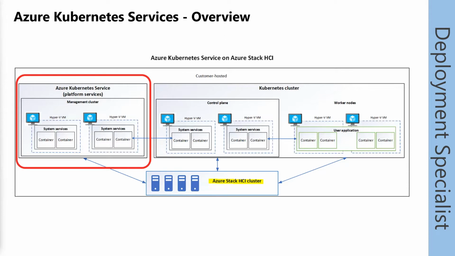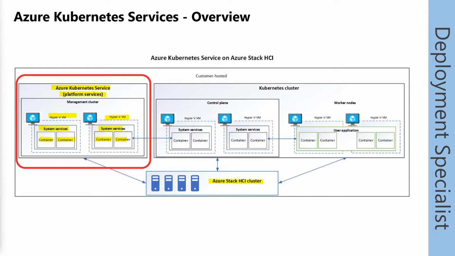The good news is that there's a configuration wizard in the Windows Admin Center portal that provides the necessary configuration steps for Azure Kubernetes Services. For Azure Kubernetes Services, we need the Azure Kubernetes Services Platform Services. These are Hyper-V virtual machines that provide the system services with the containers.